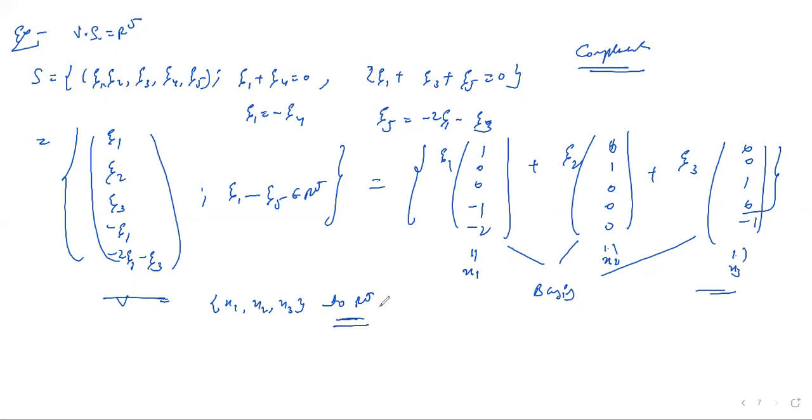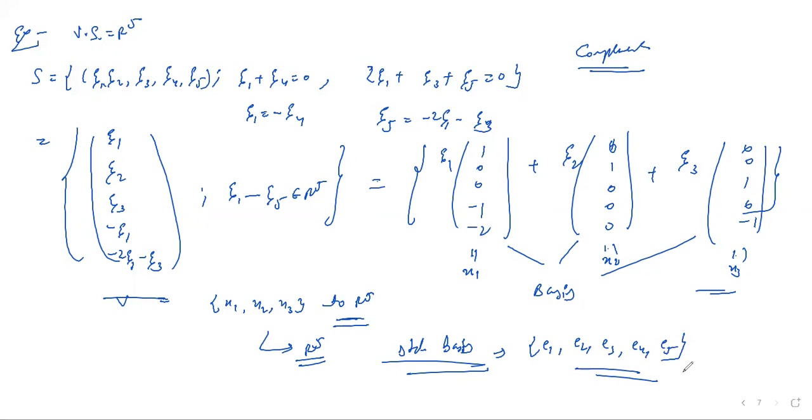So for finding the complement, we'll have to extend this basis to R to the power 5. For extension, we have studied the extension theorem. Let's say I have the standard basis E1, E2, E3, E4, E5.